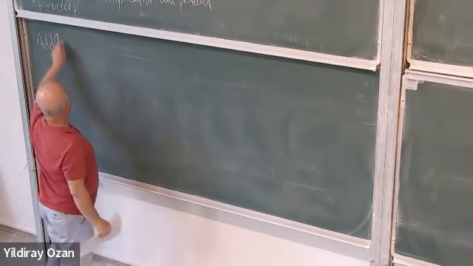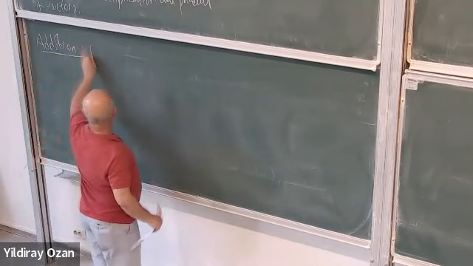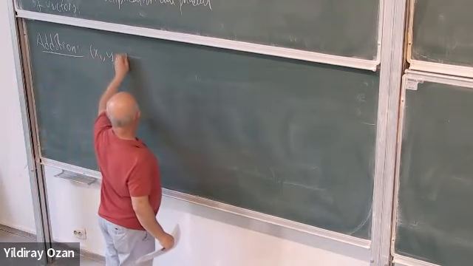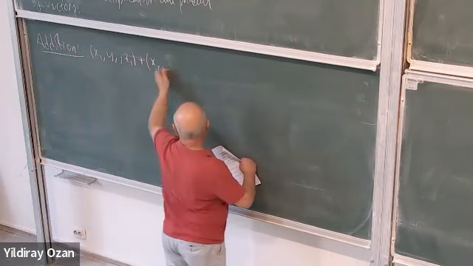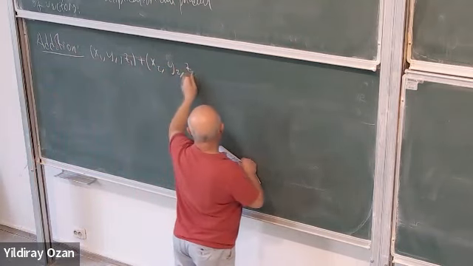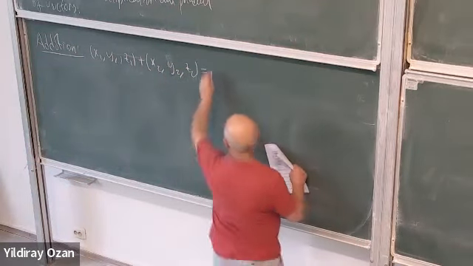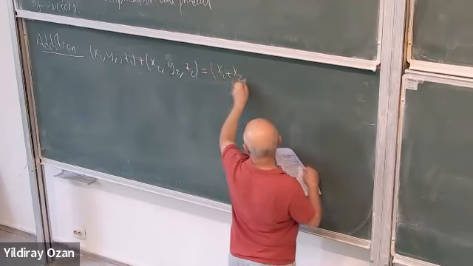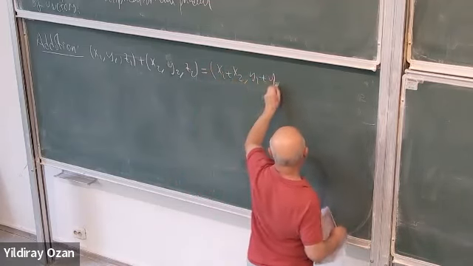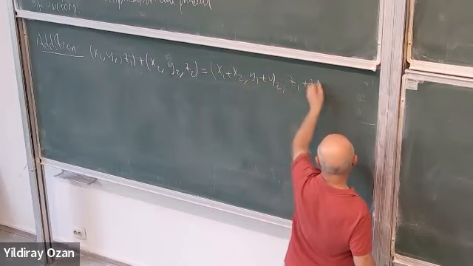Addition. Now, whenever I have two vectors, how do we add them up? We just add corresponding coordinates, like x1, x2, y1, y2, and z1, z2.